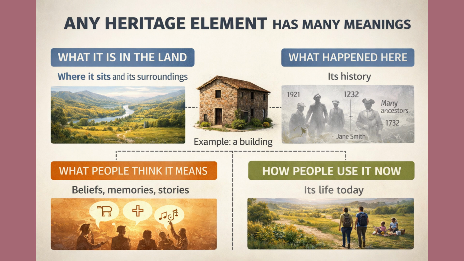They extend to landscapes because value can be spatial, environmental, and experiential, to associations because value can be historical, social, or symbolic, to cultural meaning because value can be spiritual, linguistic, or social, and to living heritage because value can be embodied in ongoing practice. In other words, any one heritage element can have multiple associations and meanings, and even layered meanings.